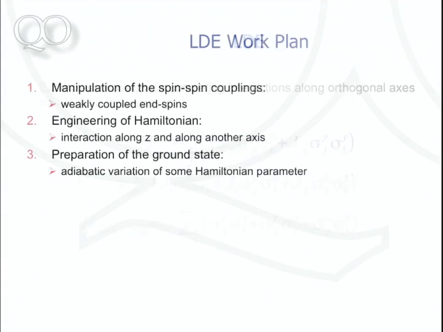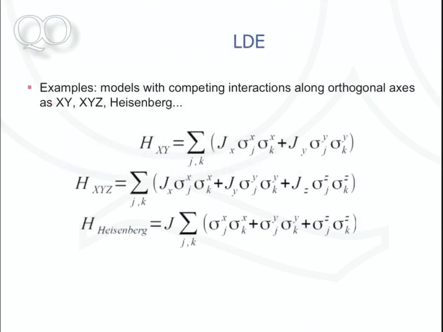And this is a three-step process that I'm going to show you how we're going to achieve this long-distance entanglement, this quantum simulation of, basically it's achieving the ground state of a non-trivial Hamiltonian like this with non-commuting components.